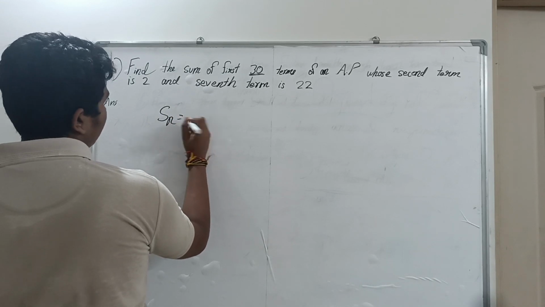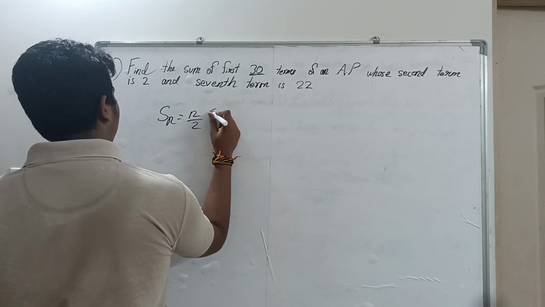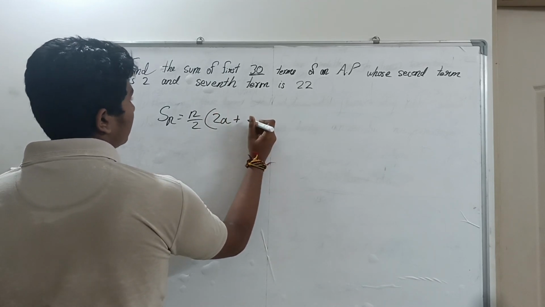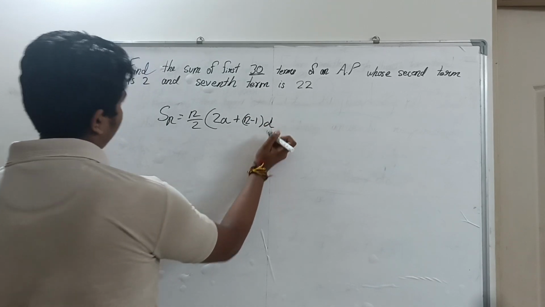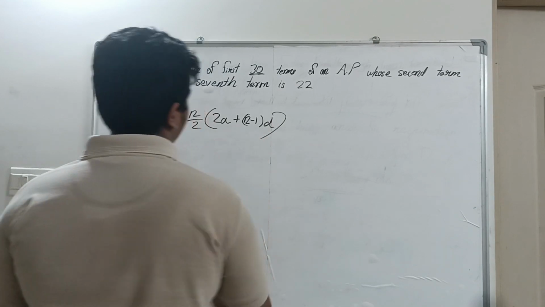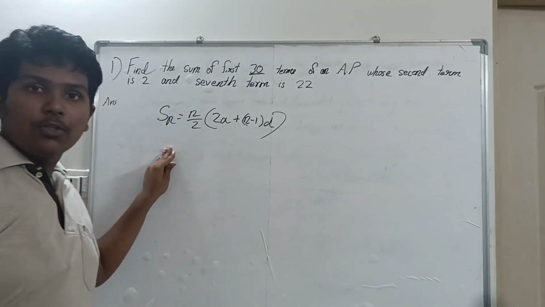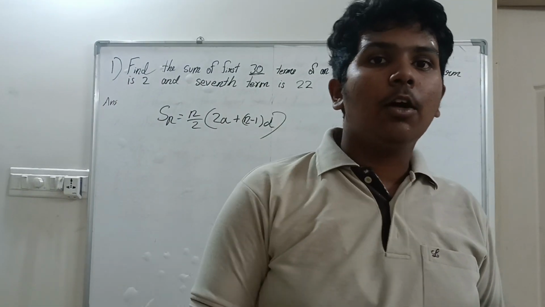Sn is equal to what? n by 2 into 2a plus n minus 1 whole d. Right. This is the formula. So pause the video and try to do the problem. Okay, now start.